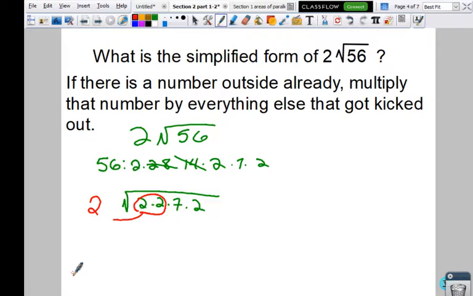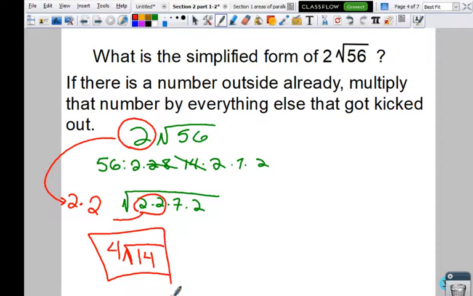Since it started out on the outside, now that we are done with this part, it comes back to the outside and gets multiplied with whatever was already there. So I kicked out a 2, and I multiply it by the 2 that was originally out in front, and I get 4. So I got 4 out in front, and then square root of 7 times 2 is 14. That's my final answer.